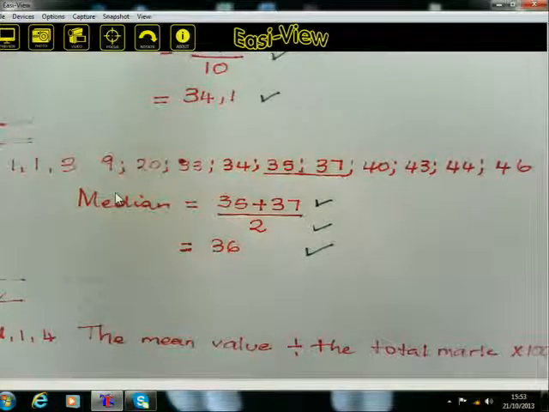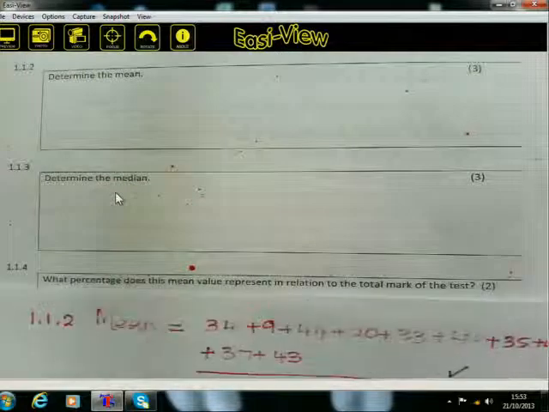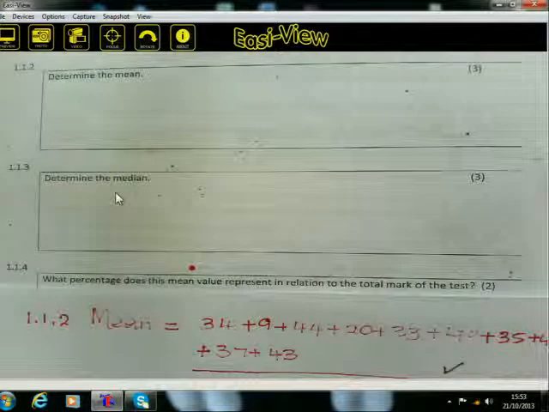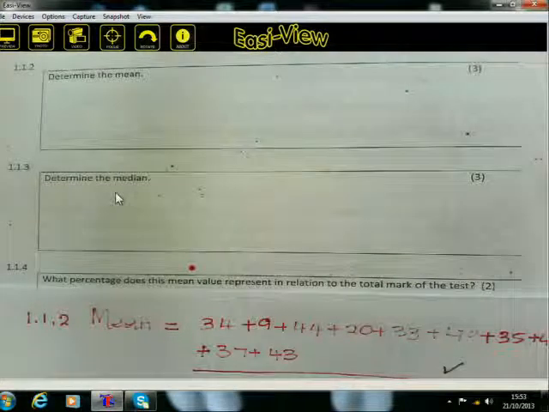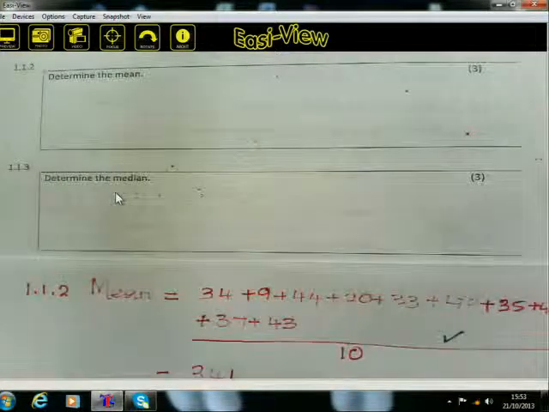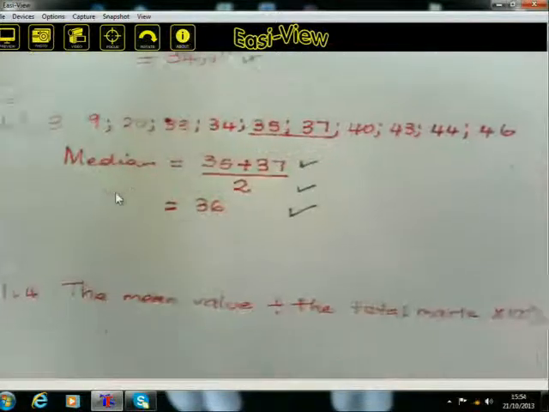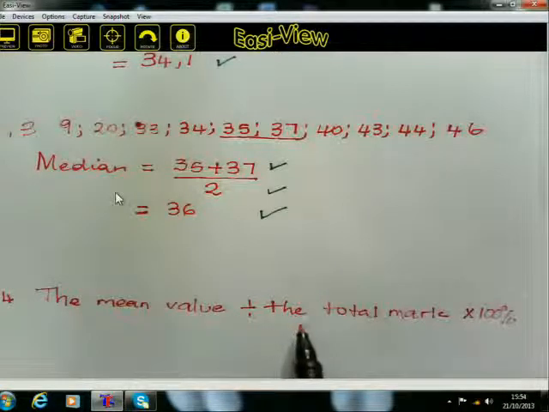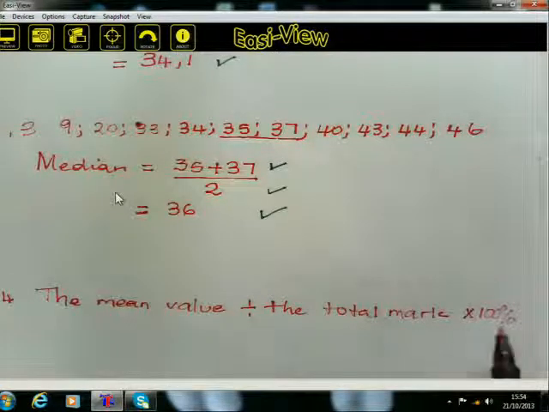If you are confused, let us go back to the question. What percentage does this mean value represent in relation to the total mark of the test? So for you to get a percentage, you have to say the mean value, you divide it by the total mark, multiplied by 100%.